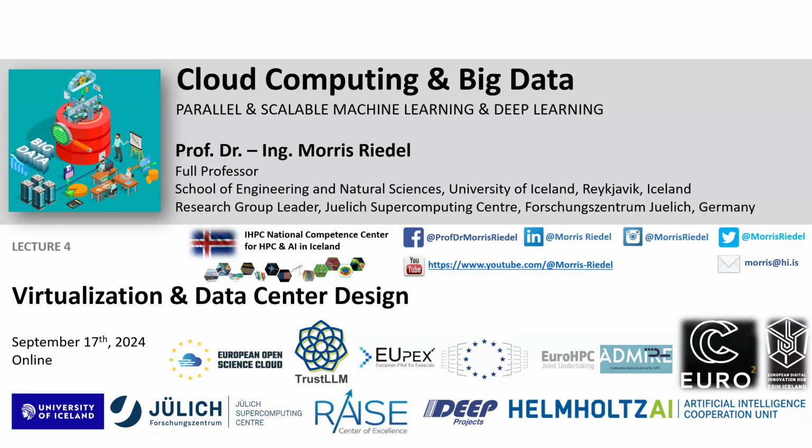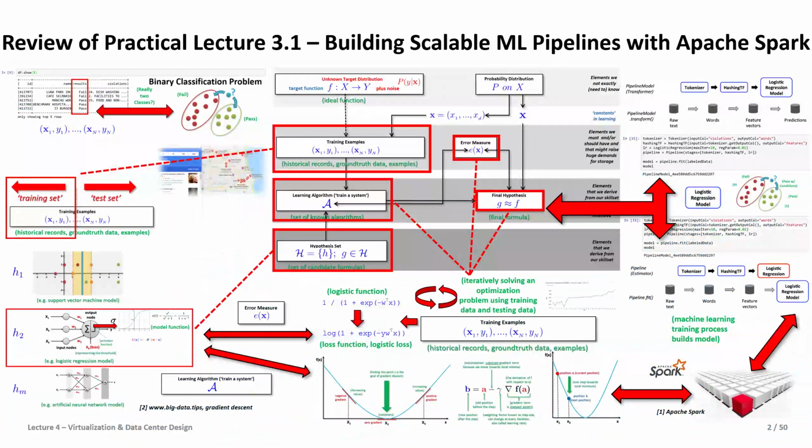But before we go into the material of this lecture, let us review what we learned last time in practical lecture 3.1, which was a practical lecture, as the name suggests. We looked at a really interesting binary classification problem, which was, if you looked closely, not really binary, because we had this Chicago food inspection of restaurants, and we actually learned about many more classes in the problem.